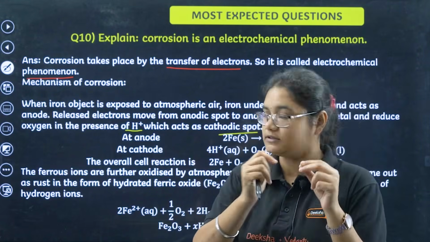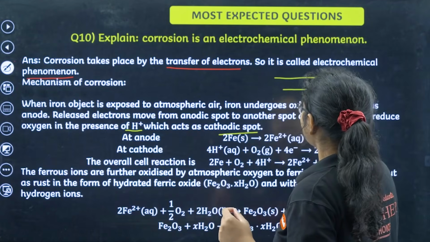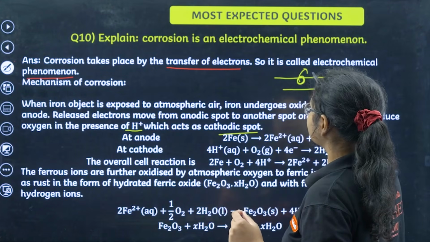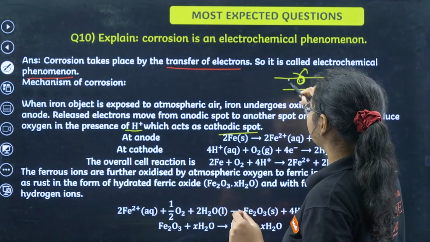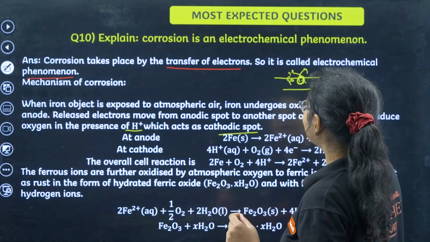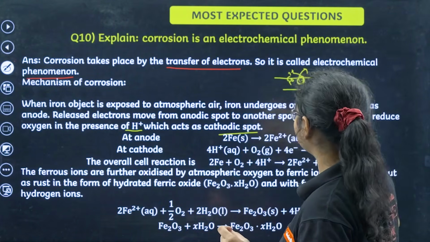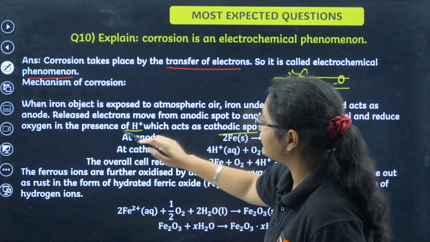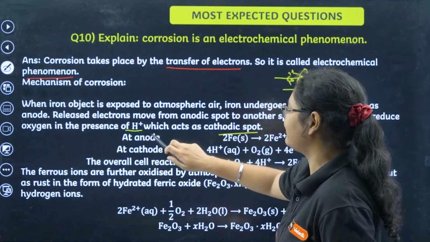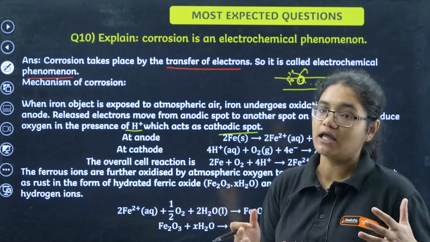So for example this is a rod. From here oxidation takes place. So iron gets converted to Fe2+, and the electrons move to a different position and can reduce the oxygen in the presence of H+, which acts as a cathodic spot.